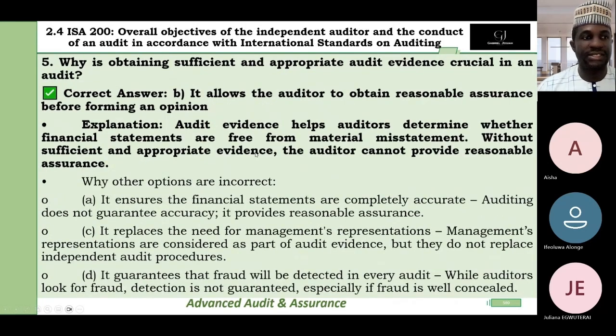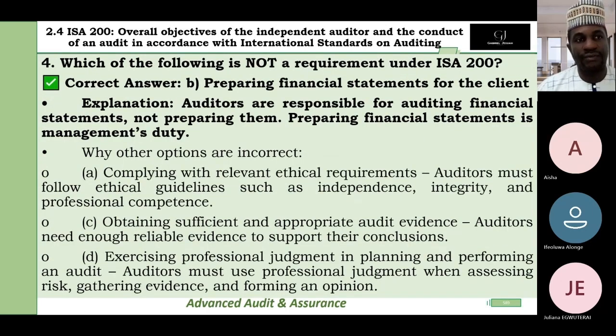Number 4, why is obtaining sufficient and appropriate audit evidence crucial in an audit? It allows the auditor to obtain reasonable assurance before forming an opinion. Exactly. B. Okay, and number 5, which of the following is not a requirement under ISA 200?